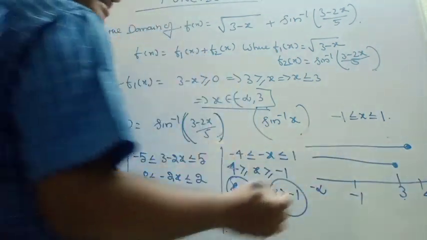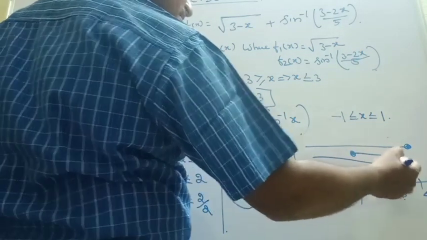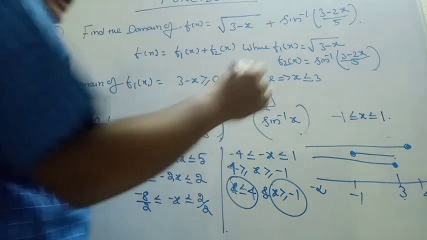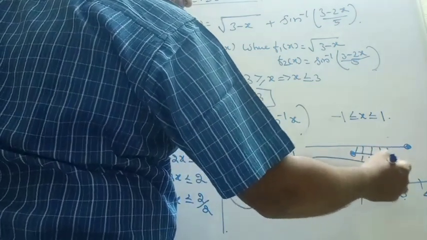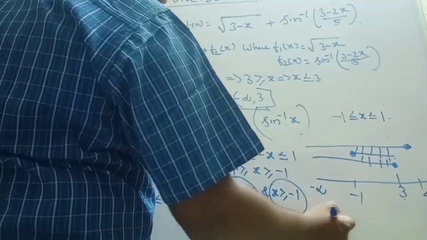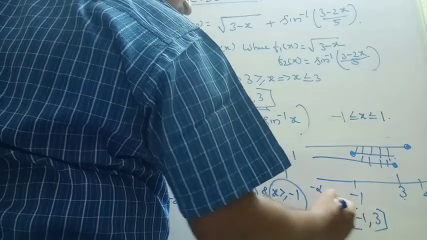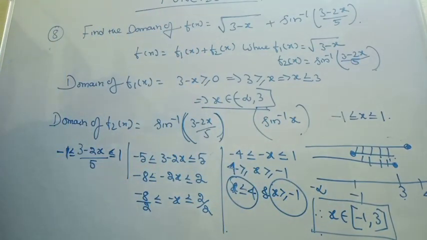Now x is greater than or equal to minus 1, and you see here we have it like this. Therefore, the common solution is where the 3 lines are present. Therefore, x belongs to [minus 1, 3]. This is the domain. Very beautifully we get this problem.